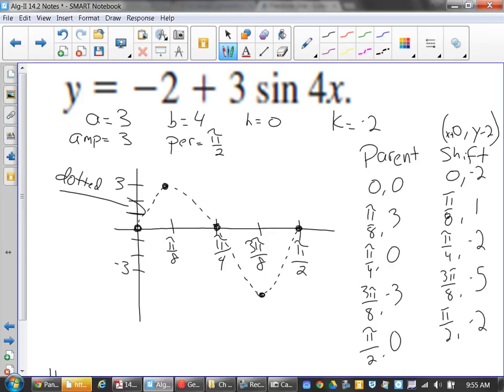All I'm doing there is just relisting my new ordered pairs. Pretty easy, right? And I just plot it. You're done. So instead of starting at 0, start at -2. And this one is solid.